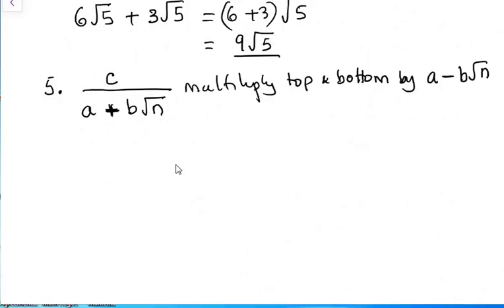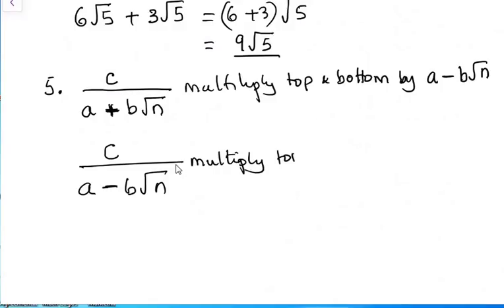Let's assume we have C over A minus B square root of n. We are going to multiply top and bottom by A plus B root n. This helps us to explain the conjugate that we're talking about.